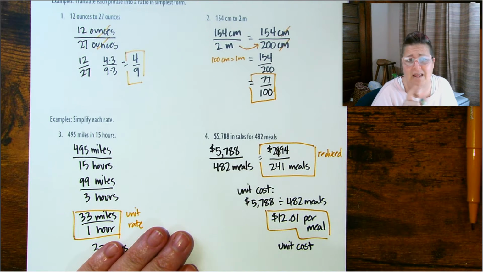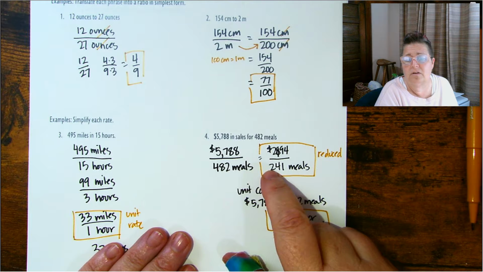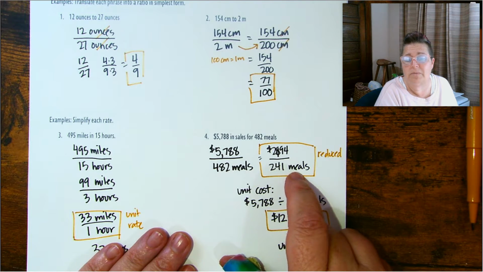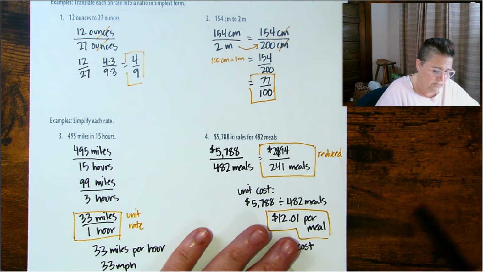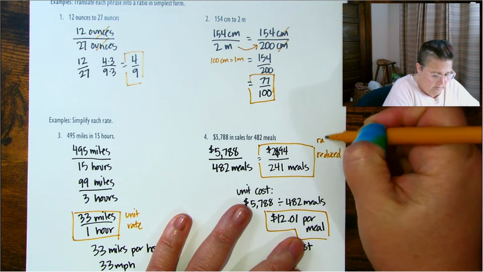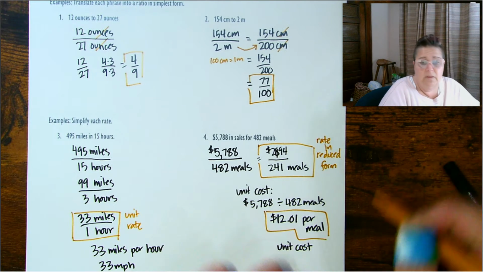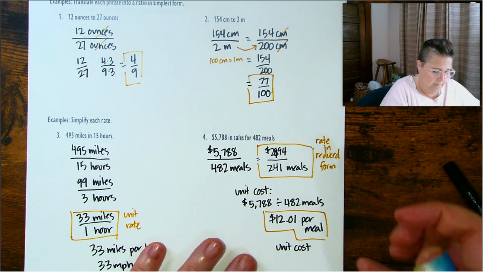A rate can have two numbers in it, the $2,894 for 241 meals. This is the reduced rate or the rate in reduced form. I better say that, rate in reduced form. But when I divide it out, that's known as the unit cost, and it's a slightly different thing.